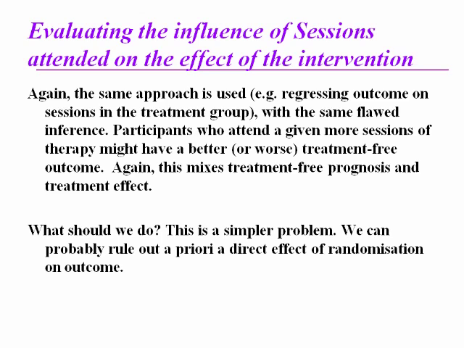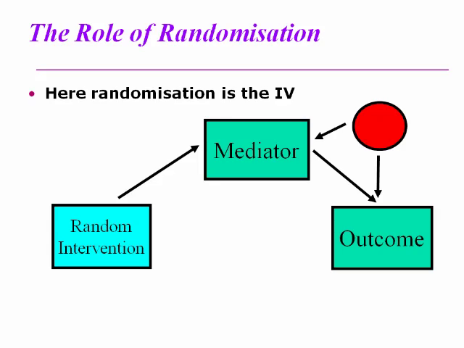This is a slightly simpler problem because at least we know that people in the control group haven't had any sessions, or perhaps if they've managed to get access to therapy, we know roughly how many sessions they've had. So here we're in a simpler situation where randomisation is assumed a priori not to have any influence on outcome other than treatment received.